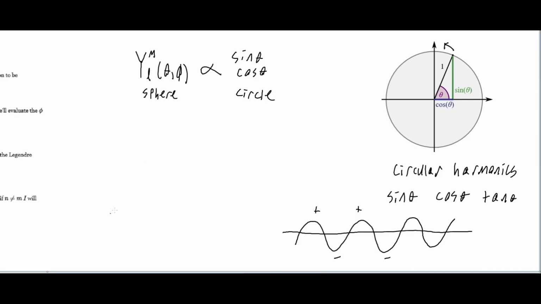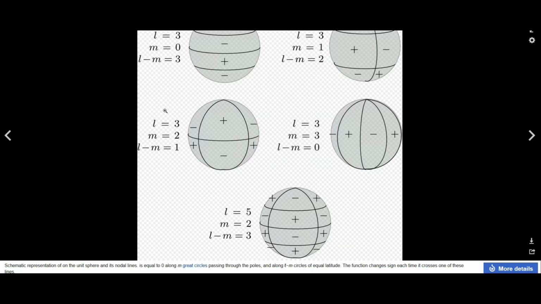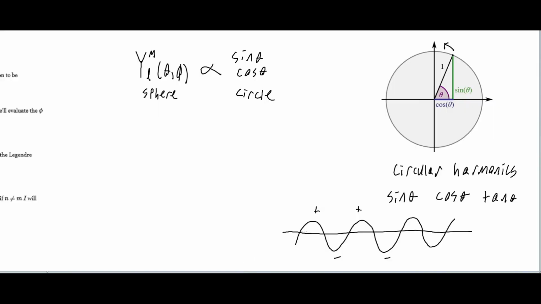And so having these different L's and different M's, you can see that in 3 dimensions we have different directions. You can go one way around the sphere or the other way around the sphere, where in circular harmonics there's basically just this one way of going around the circle. I mean, you can go the reverse way, but it's just the same thing with a change of signs.